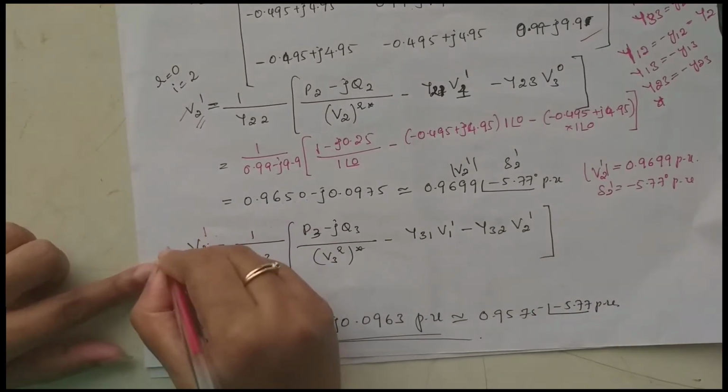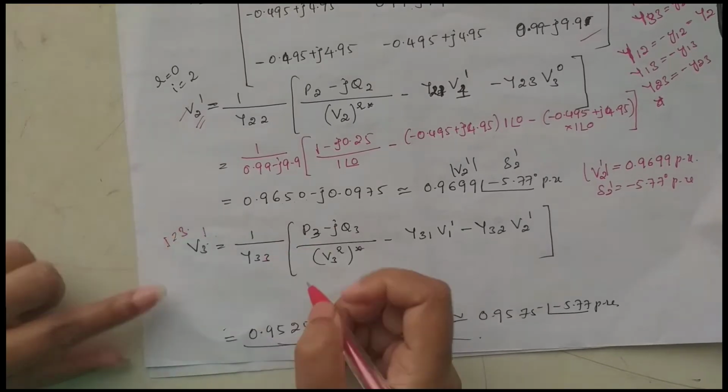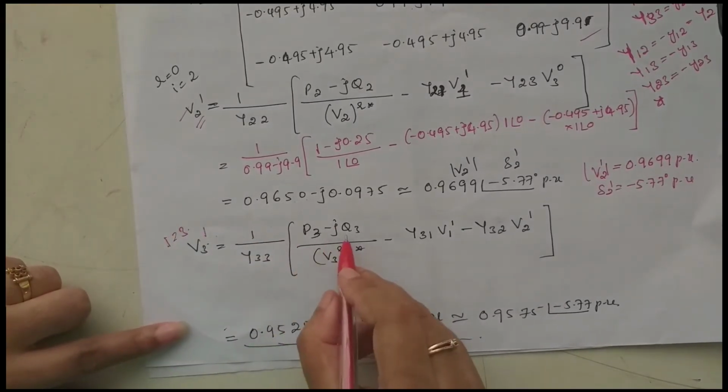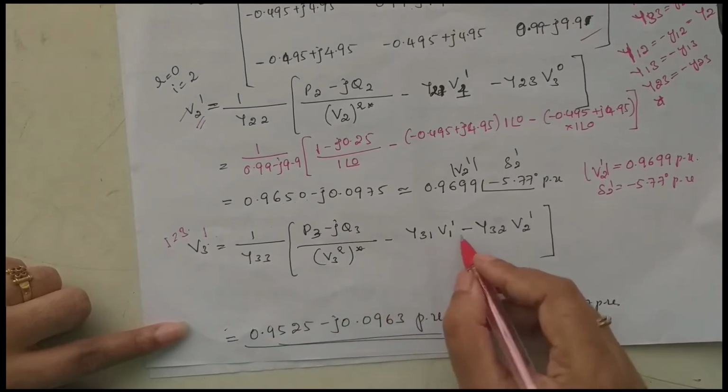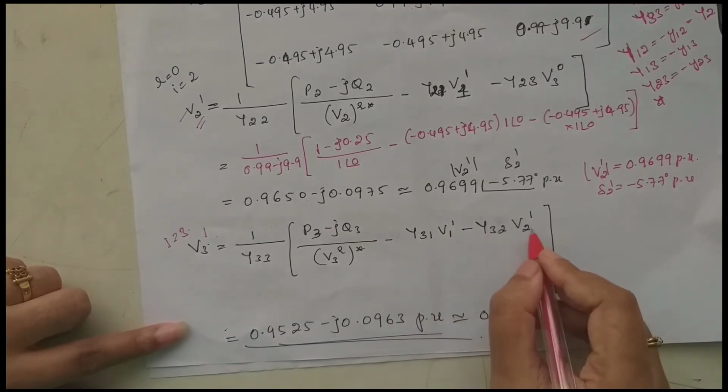Similarly, calculate the value of V3 by taking i equal to 3, the third bus: V3 equals 1 divided by Y33, times P3 minus jQ3 divided by V3(0) conjugate, minus Y31 V1, minus Y32 V2.